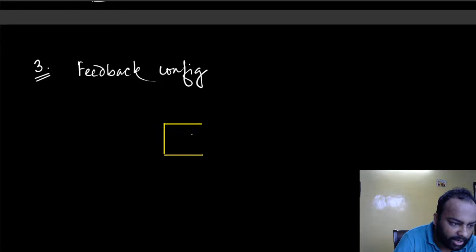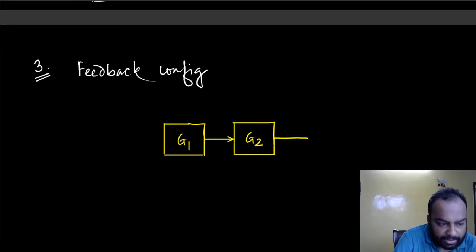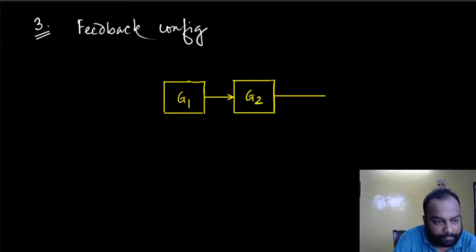You would have a controller, whose transfer function would be G1, that would be controlling a certain system whose transfer function is going to be G2, right? And the output of the controlled system, so this is the controlled system, is represented through C, because that's called the controlled variable.